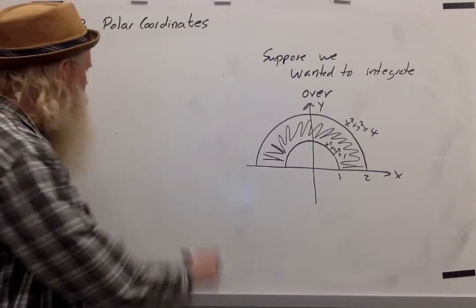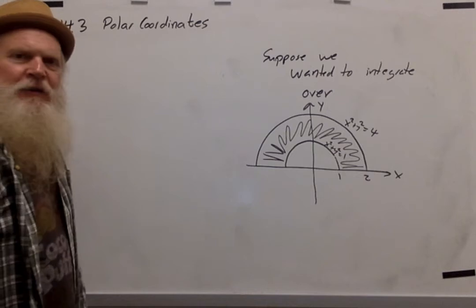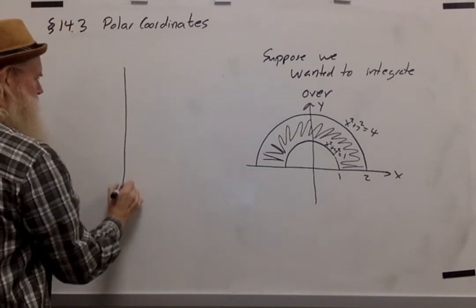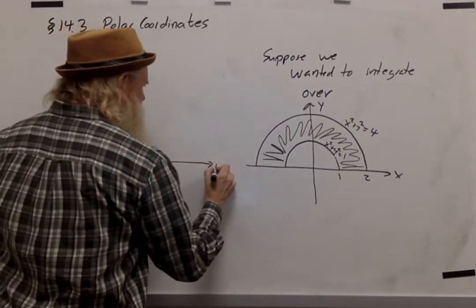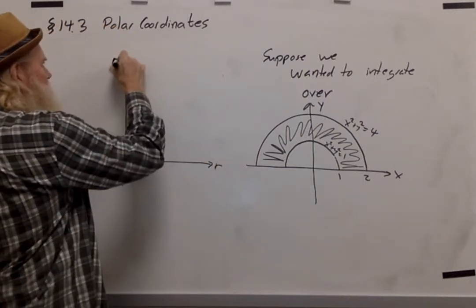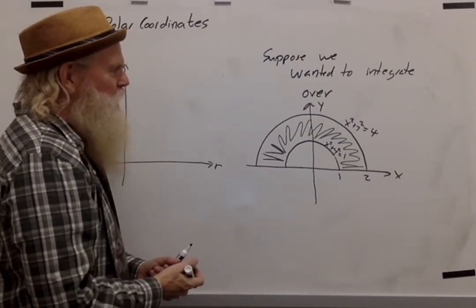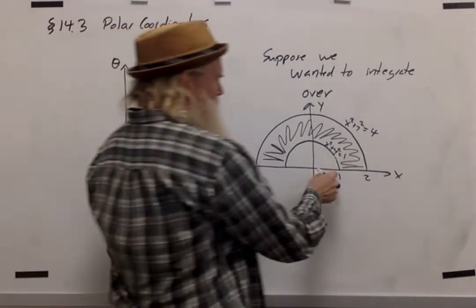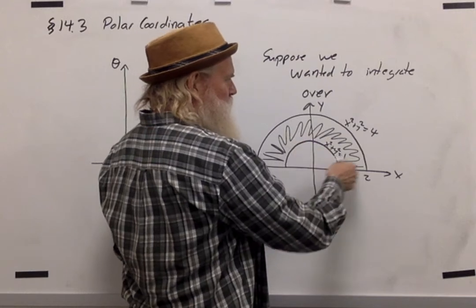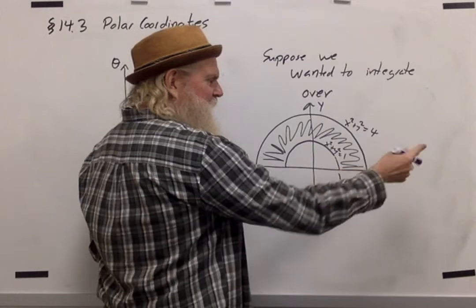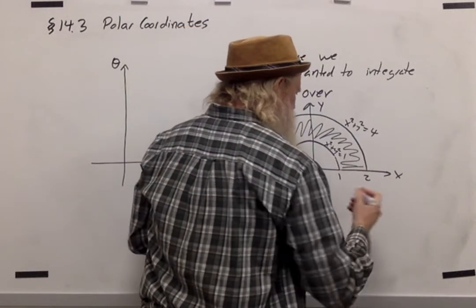Let's see if we can figure out what the corresponding region would be in the r and theta plane. Well, one possibility is to write the equations for all four edges. Here, we have x squared plus y squared equals 1. This one is x squared plus y squared equals 4. And the x-axis is the same as y equals 0.